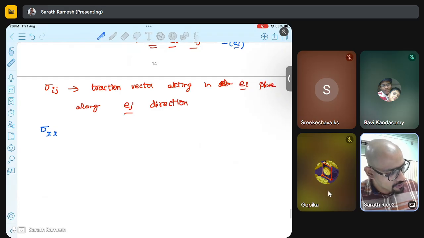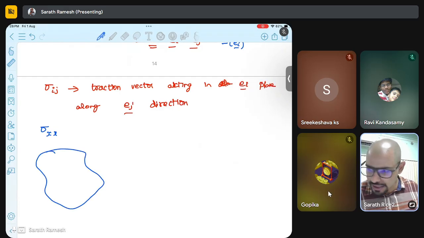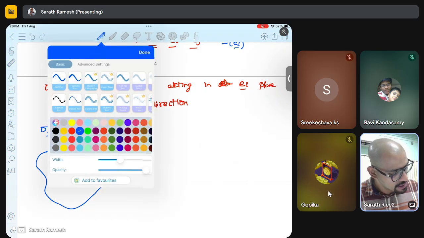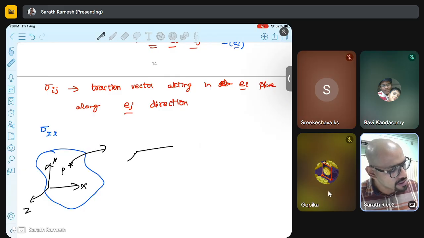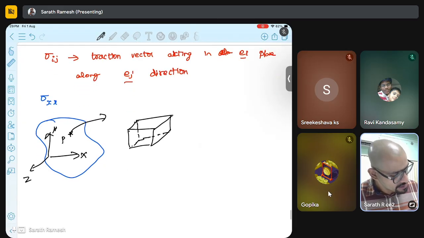Let's draw a body. Let's say this body has a coordinate system x, y, and z. If I want to know the stress at some small point P, what we will do? We will draw an infinitesimal small cube. So, what is sigma xx?